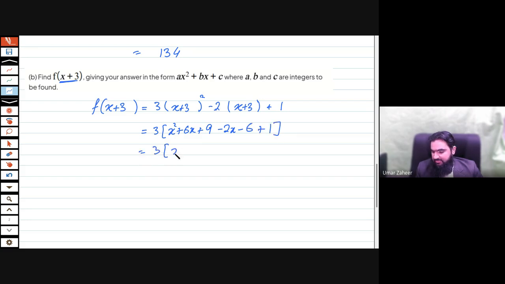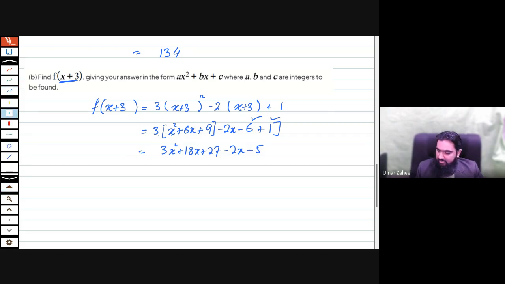Sorry, the bracket is here. So let's see how to multiply inside the bracket. 3 multiplied by x squared, 3x squared, plus 3 times 6 is 18x, plus 27, minus 2x, minus 6 plus 1, minus 5.